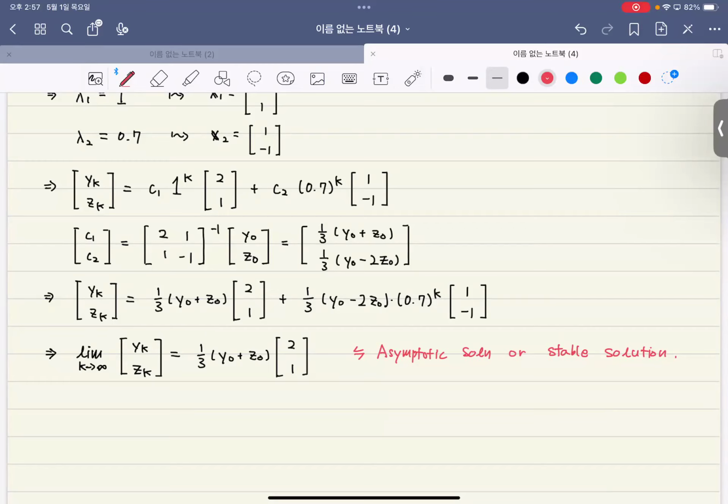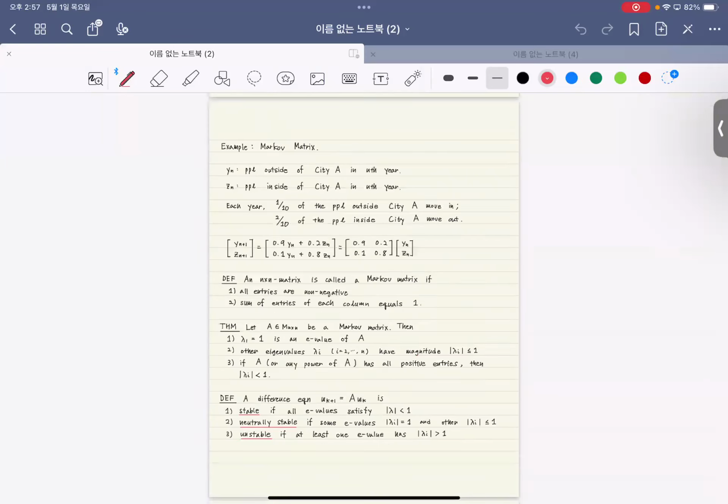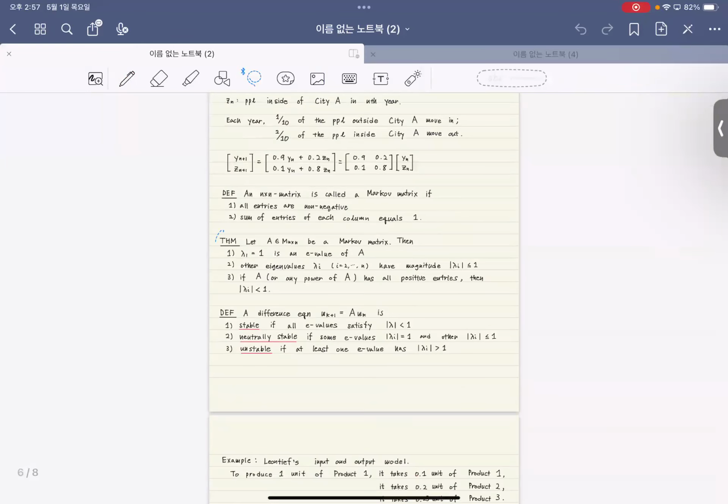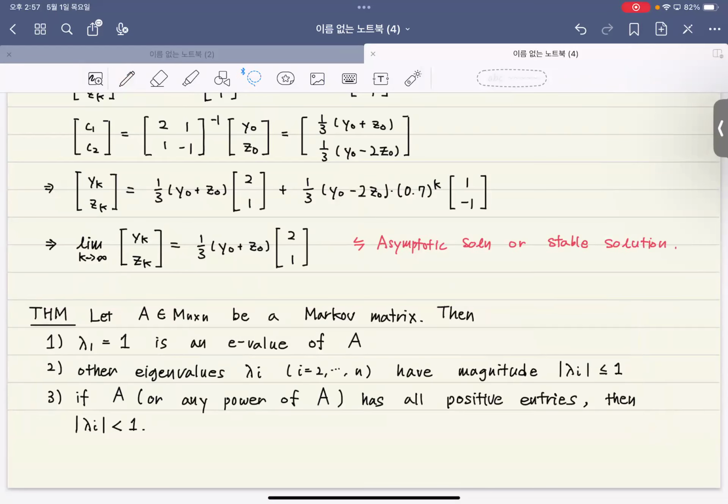So there is a very interesting theorem regarding the Markov matrix, which goes like this. Suppose that I have a Markov matrix. Then the first statement of the theorem is, for every Markov matrix, 1 is always an eigenvalue.